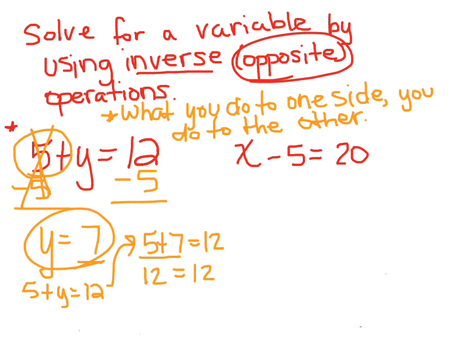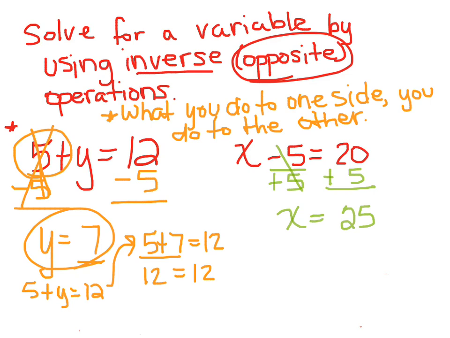The next one says x minus 5 equals 20. Well, the opposite of subtract 5 is to add 5. Those cancel each other out, and I'm going to come over here to the 20 and add 5, which makes it 25. So x equals 25. You notice that my x is kind of a cursive x, because it doesn't mean multiply, it just means x.